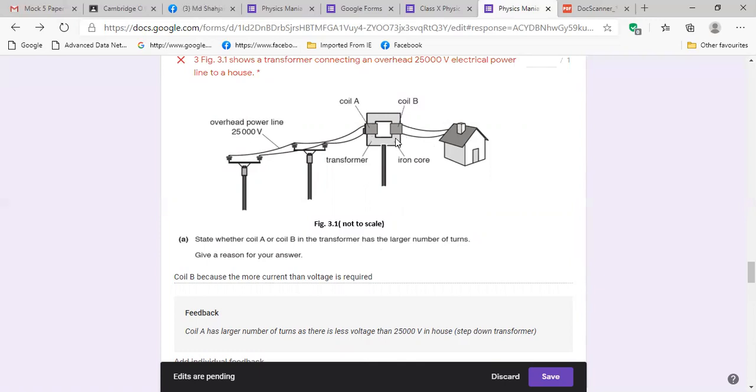It is from the grid line to the house, not from the power station to the grid line. Your house is getting lower voltage than the grid lines, isn't it? So it should be step down, right?